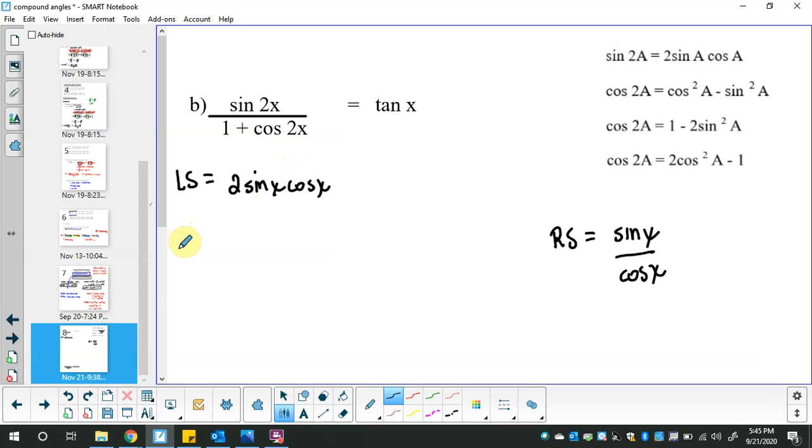So here's the thing about the denominator. I'm going to put down the 1 plus, but I have cos 2x, and the unfortunate business about this cos 2x is you could replace it with this one, you could replace it with this one, or you could replace it with this one, and they're all perfect. But you need to replace it with the fastest one.